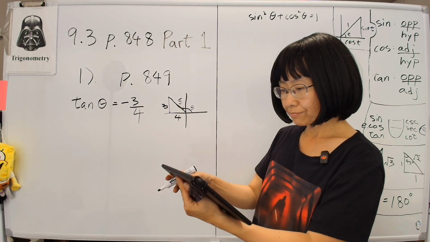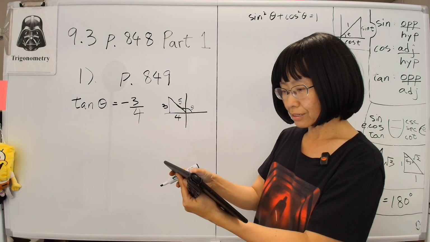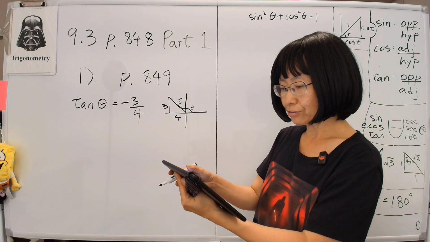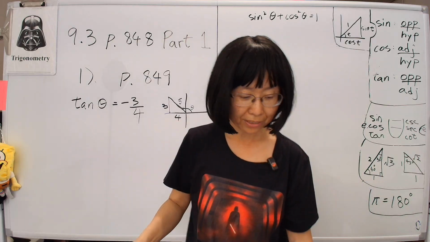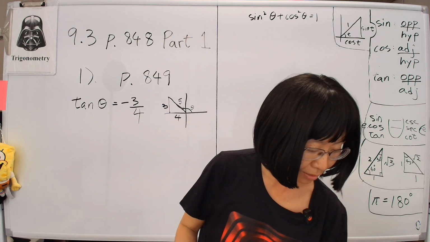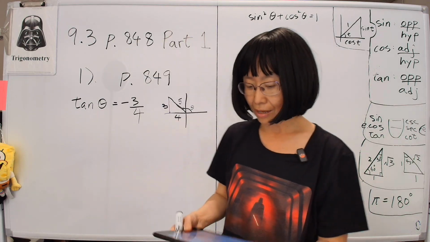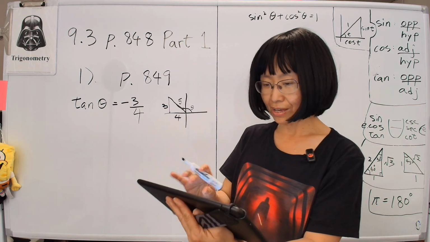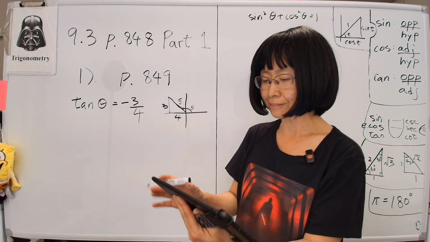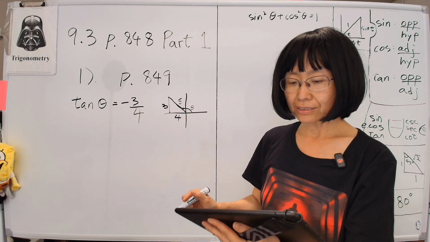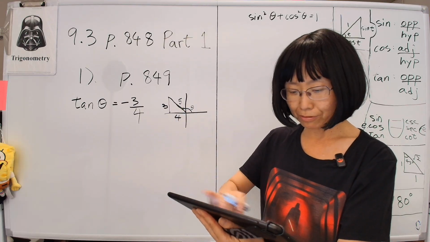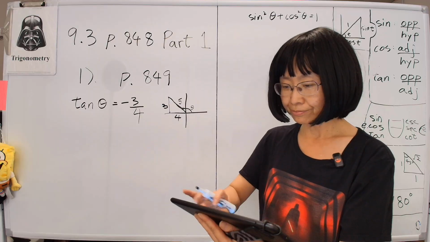Now that we know that, we have to calculate sine of 2 theta, cosine of 2 theta, and tangent of 2 theta with the formulas that we just learned, which are right on top of this page. So let's look at the top of the page. To find sine 2 theta, etc., isn't that what we're supposed to look for? Yes, we are.